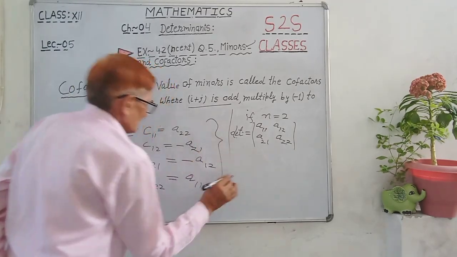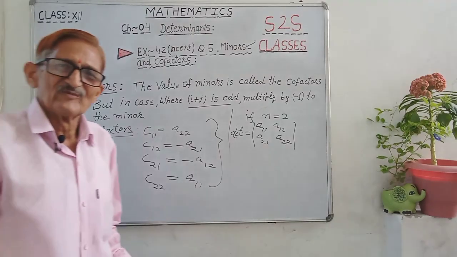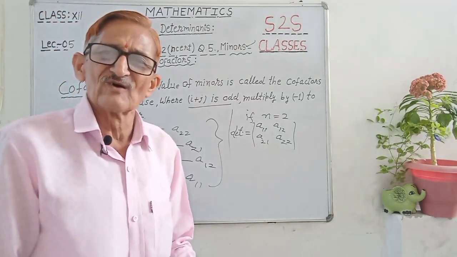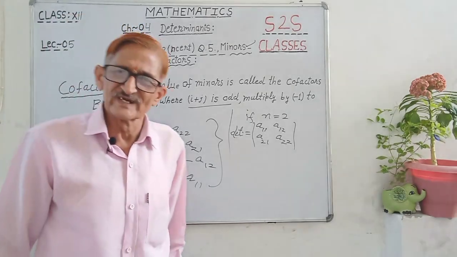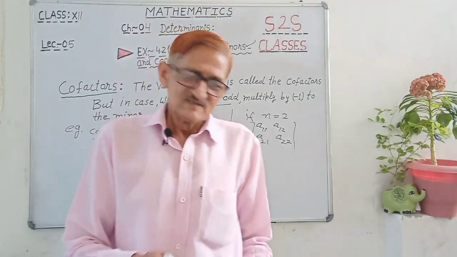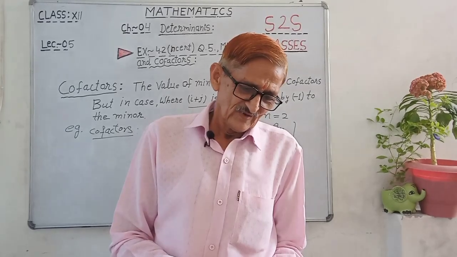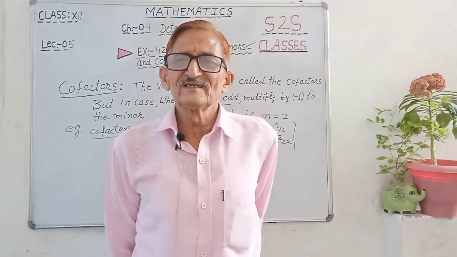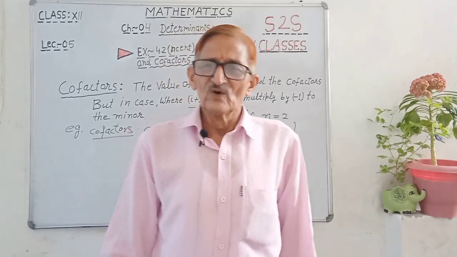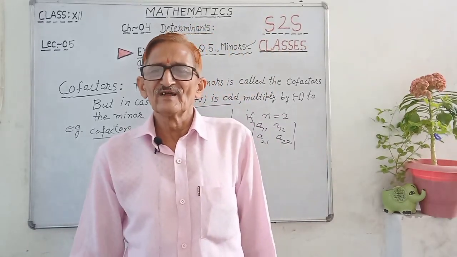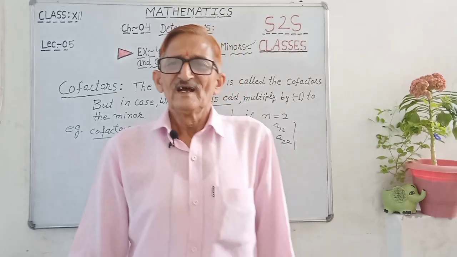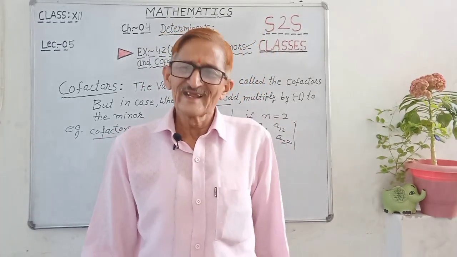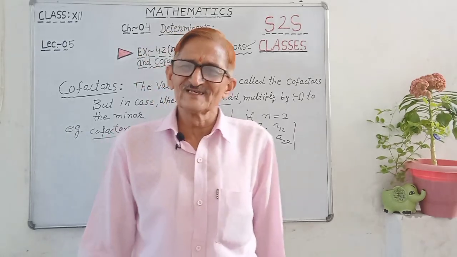So what is the difference between cofactor and minor? Minor is the remaining elements after cancelling the row and column along that element. Cofactor is the same as the minor if the sum of i and j of that element is even, but if the sum is odd, it is the negative of the minor, multiplied by -1.